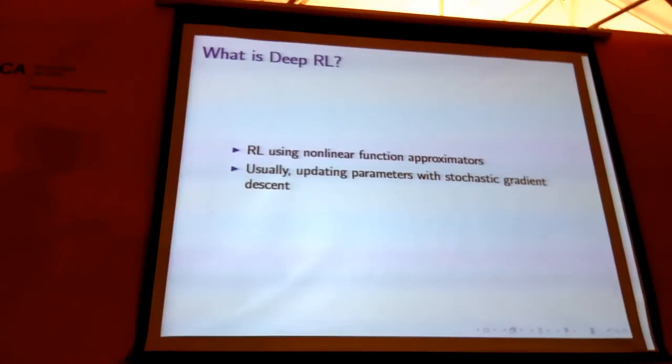And there are certain methods, like least squares methods, that'll just work if you have linear function approximators. So I would define deep RL as a set of methods that don't make any of those assumptions, where at any given time in the algorithm, you're solving some kind of optimization problem using gradient descent.